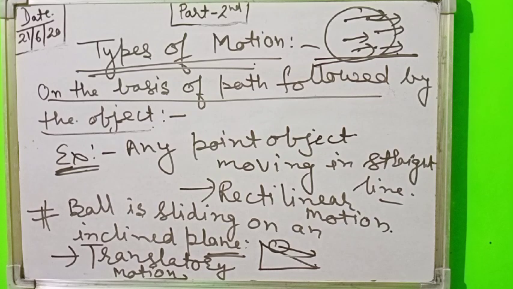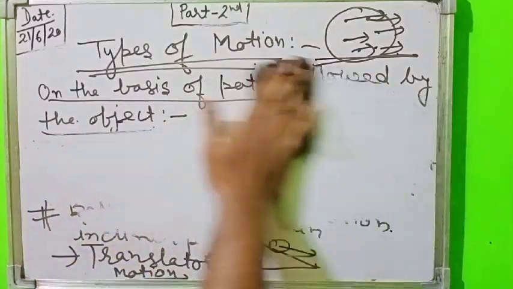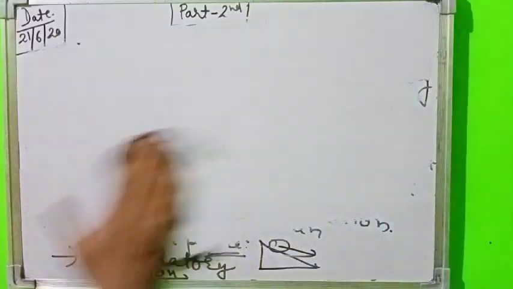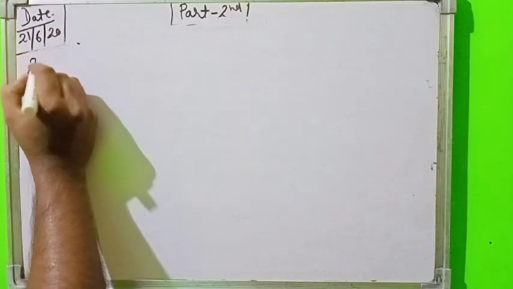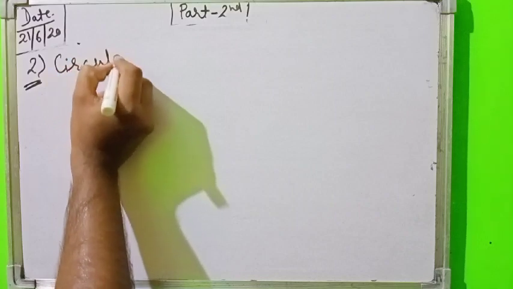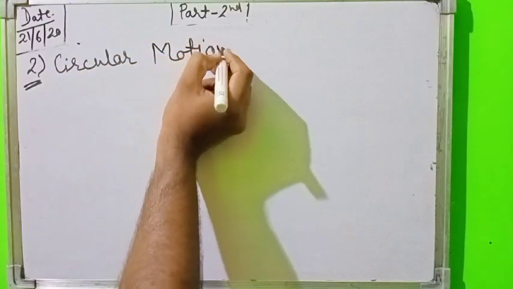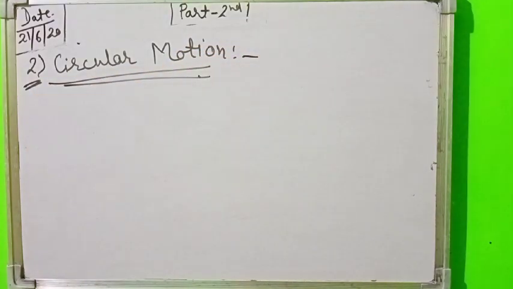Now the second one is circular motion. The second type of motion is circular motion. What is circular motion?